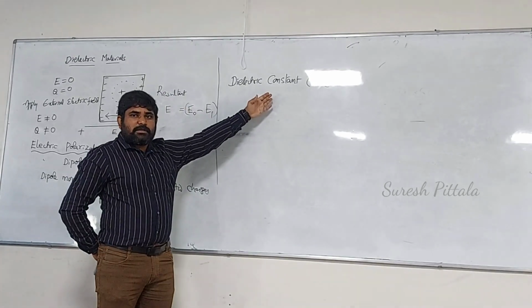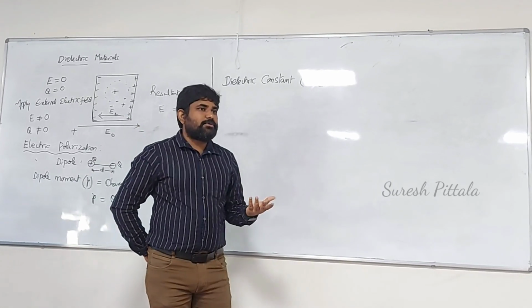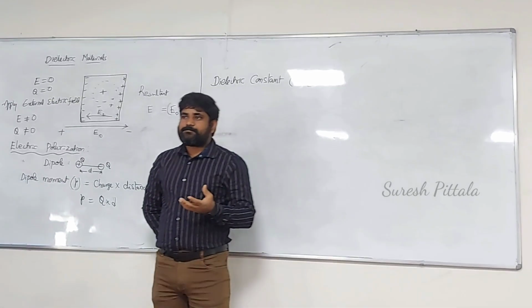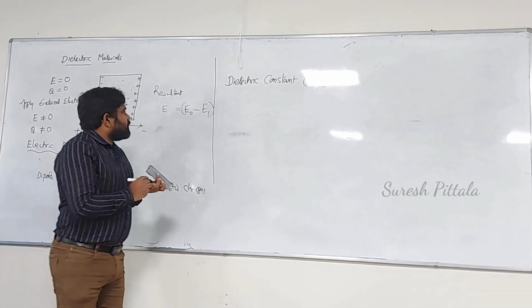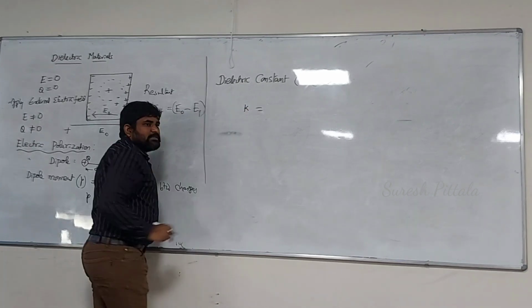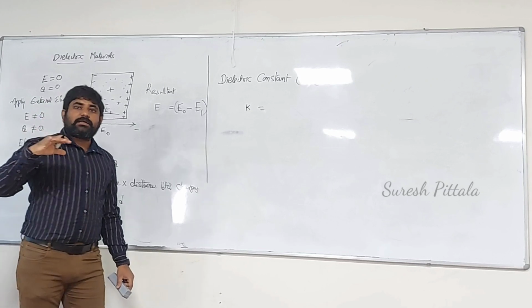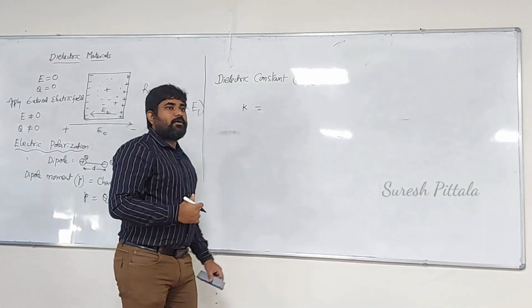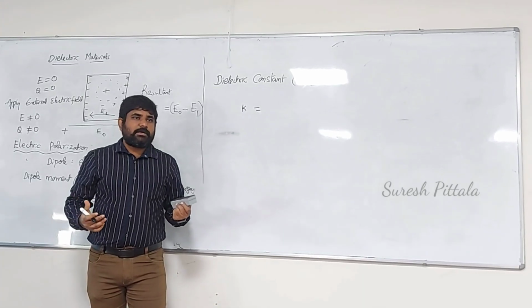So this constant also gives how much electric energy you can store inside the material. It is defined as a constant which gives an idea about how much electric energy can be stored, or in other words, how easily you can polarize.